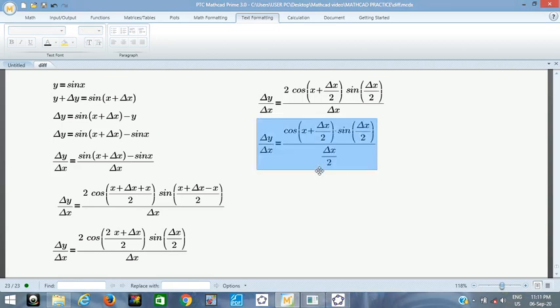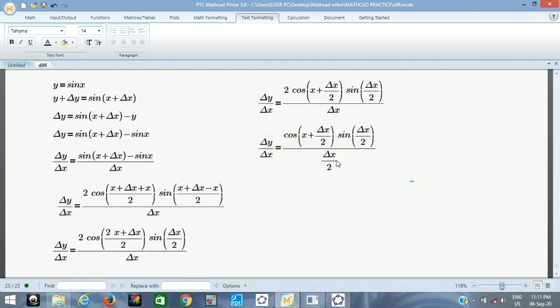I want you to understand this place very well. If I reverse the process, this numerator divided by delta x over 2 is the same thing as 2 times the numerator divided by delta x. You can reverse it to this, then reverse it back to this. So both of them are the same.